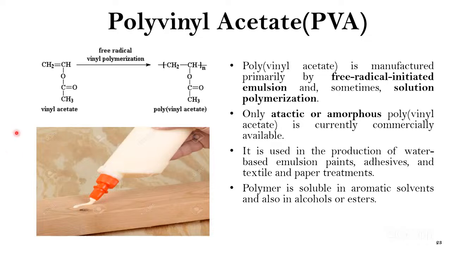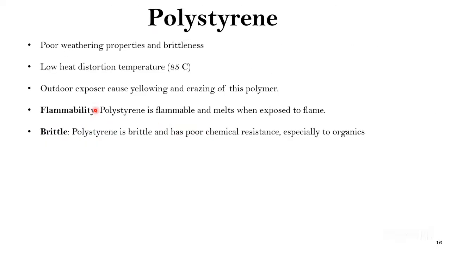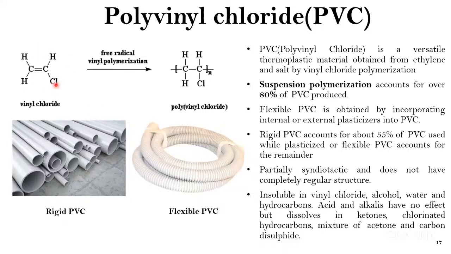See, vinyl acetate is the copolymer, but PVC you can get directly from vinyl chloride. It is not a copolymer. Okay, PVC is not a copolymer.